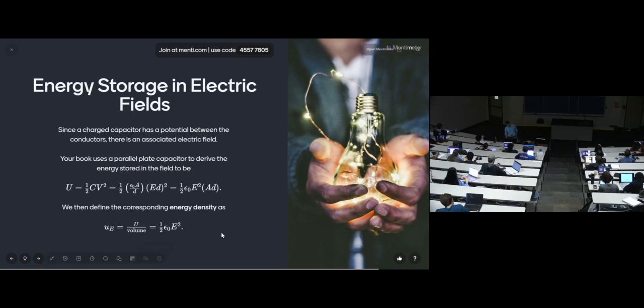The more useful term that we use a lot in electromagnetic theory is the corresponding energy density, where we divide by the volume, and the energy density within an electric field comes out to be just 1/2 epsilon naught E squared. You want to know how much energy is stored in any sort of electrical configuration? 1/2 epsilon naught times E squared will get you most of the way there.